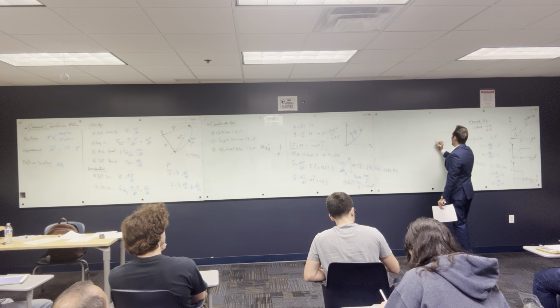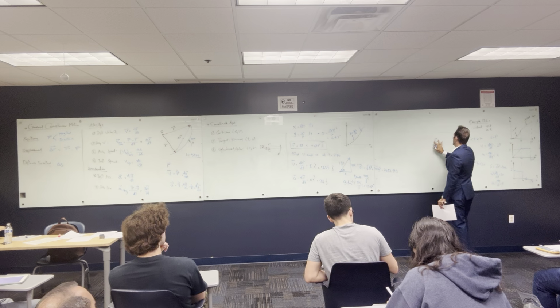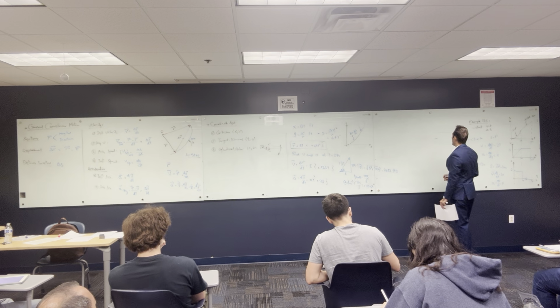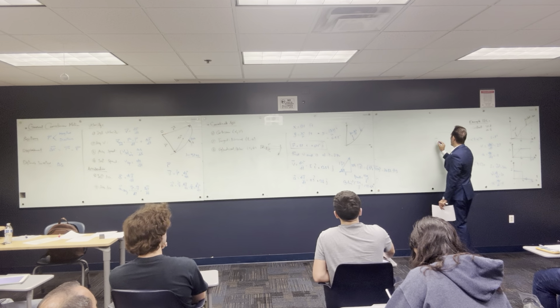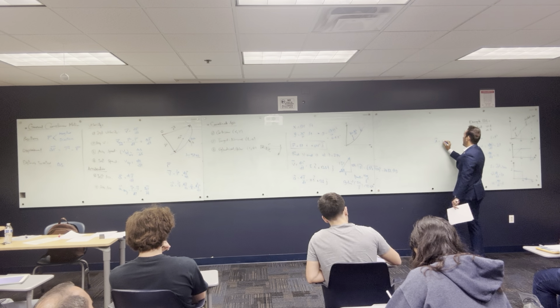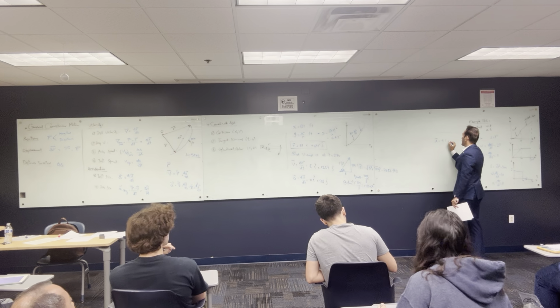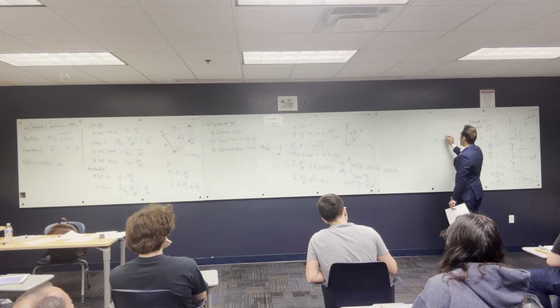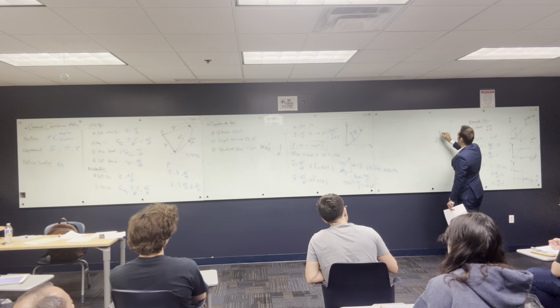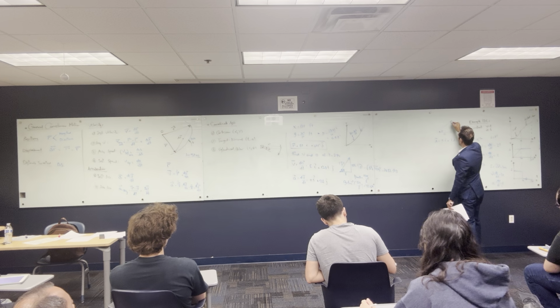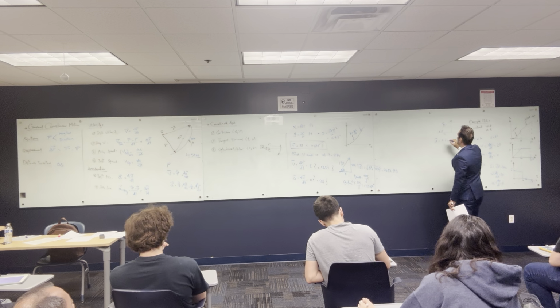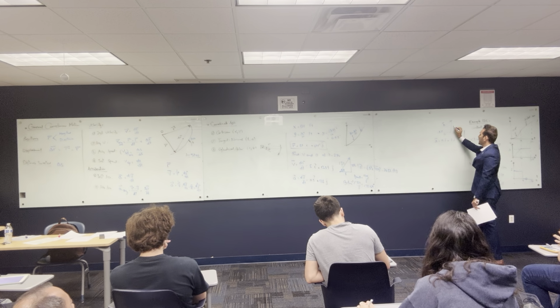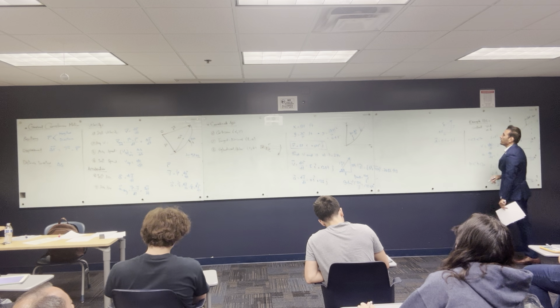Let's say I have a vector with 5 in the i hat direction plus 7 in the j hat direction. So this vector has 5 in the x, 7 in the y, and this is the angle theta. You have to go 5 in the x direction, 7 in the y direction.